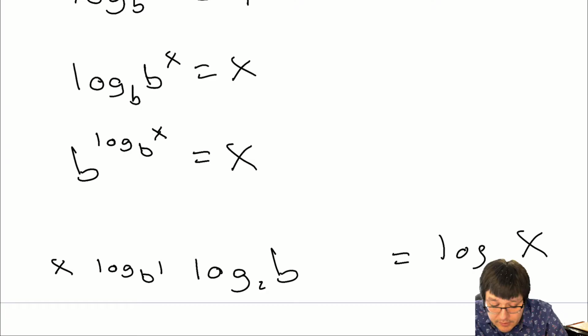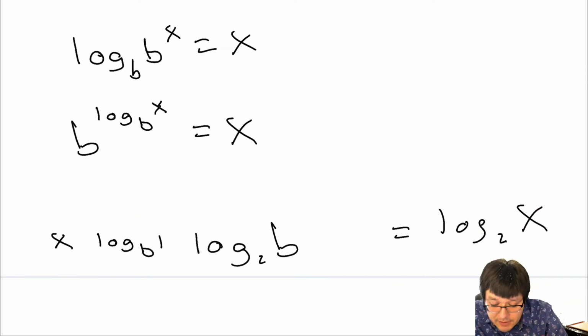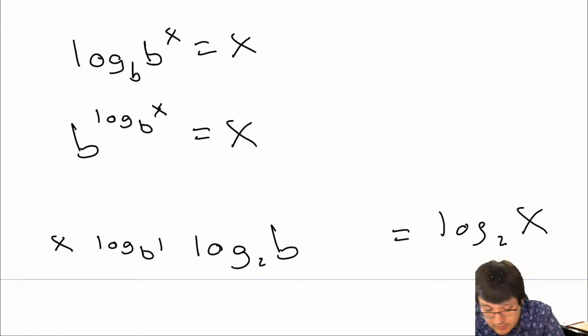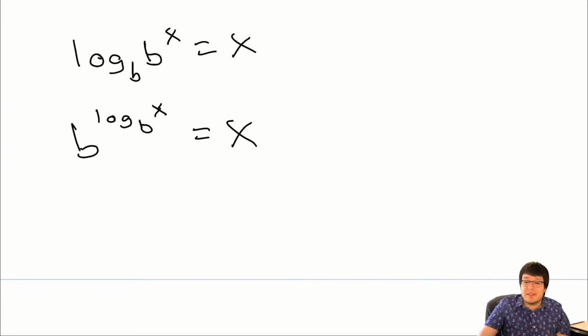From there, we know that log_b 1 is 0, but that would cancel out, so everything would just become 0. Oof. I'm not sure about that one as to why it works, but it works because it just works. So I will leave that one as an exercise for you to figure out why that is true. But I know that it's true.